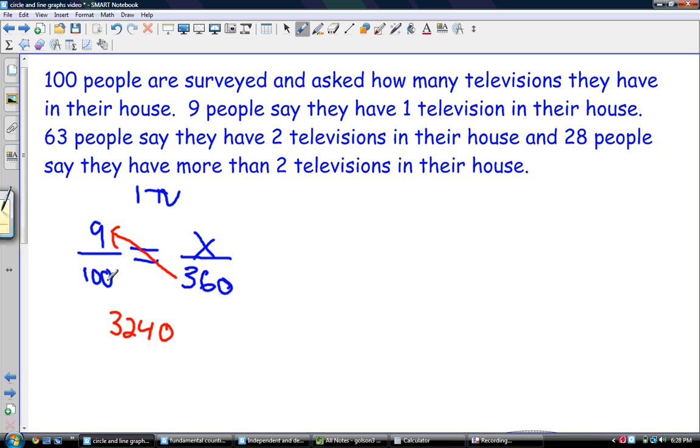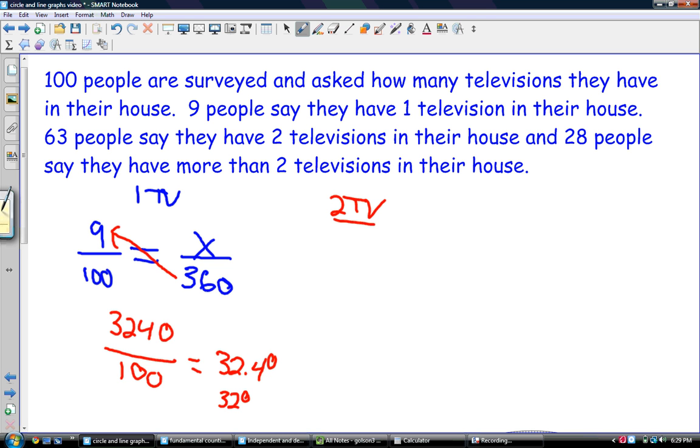And then I divide that by the denominator over here. So divide that by 100, and you'll end up with 32.4. So that is how many degrees we're going to make that section of the circle. Now, on the protractor, we can only go to the nearest degree, so we are going to round this off to 32 degrees.